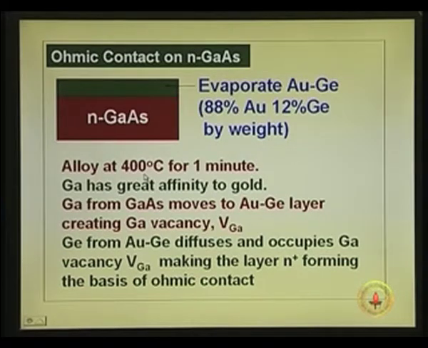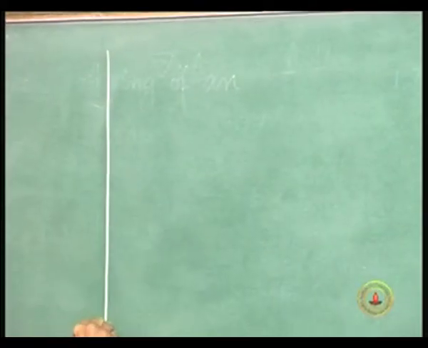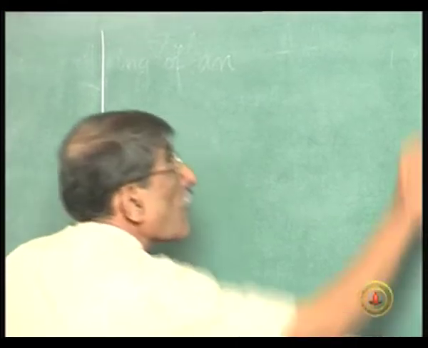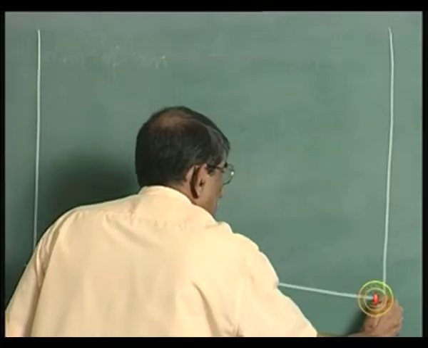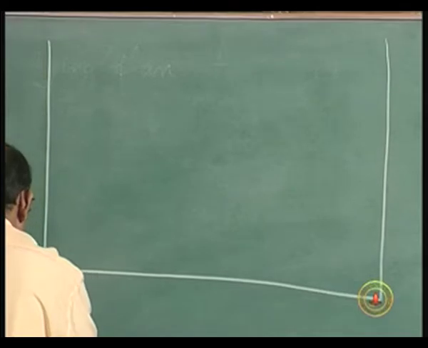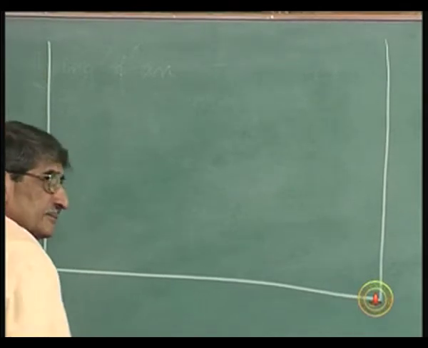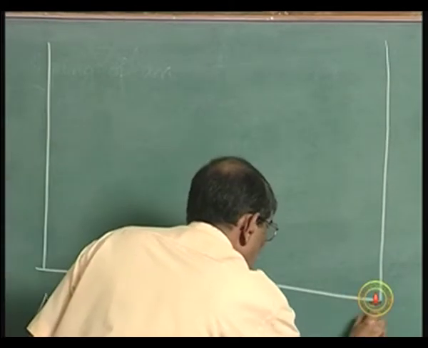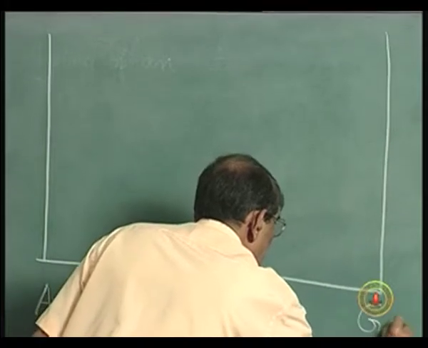So what happens here is the gold germanium. Okay, if you take a look at the phase diagram of gold germanium, I am recalling you back into the gold germanium phase diagram.